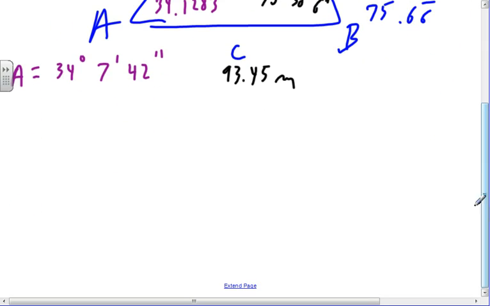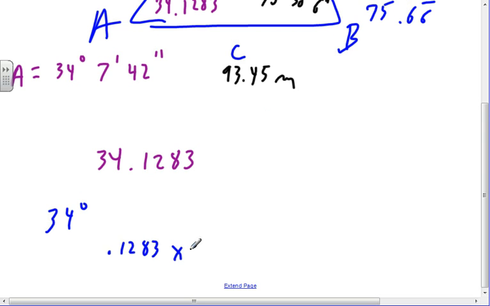All right, so I've got 34.1283. I'm going to keep the 34 degrees. I have 0.1283 left over. I'm going to multiply that times 60, and I'm going to get 7.698.